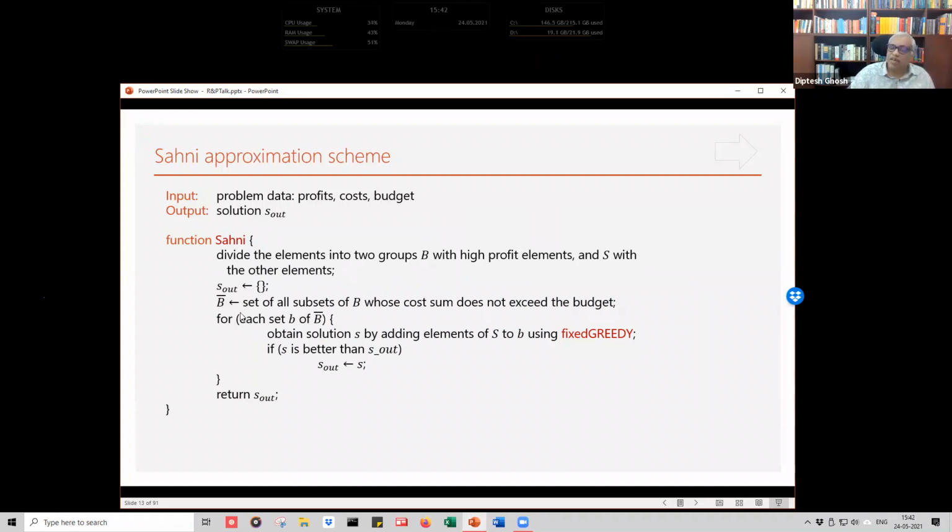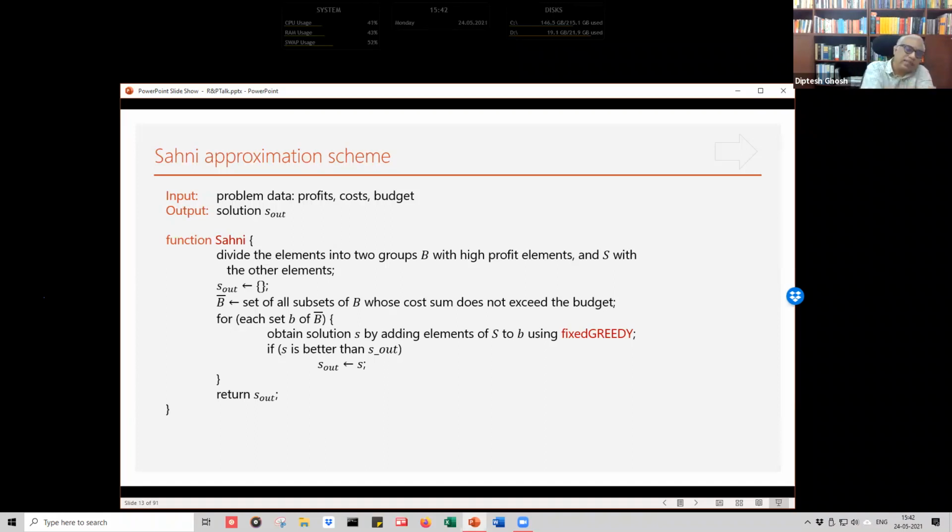And for every element here, you obtain a solution in which you add the elements of the small elements into that big element subset using fixed greedy. Okay, take a large subset of the larger elements and fill the remaining knapsack with the small elements using a greedy method, right? Now, when you've done that, find out the best solution that you get out of those.